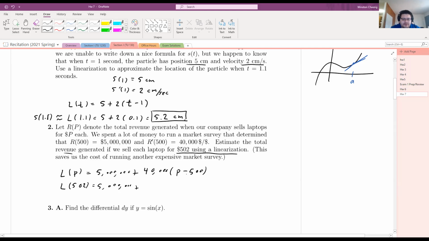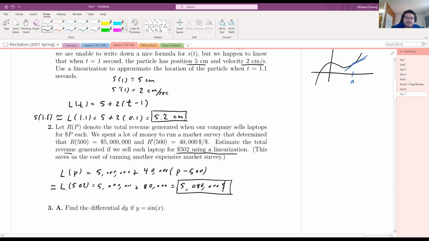That gives me 2 times the 40,000, which is going to be 5,080,000. And this is measured in dollars. Just like before, I can say something about why this is getting close to the actual thing.